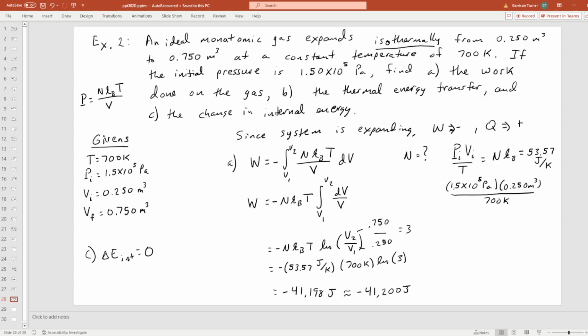So as a result, that means if this is going to be an isothermal process, if my temperature can't drop, that means I had to absorb that same amount of energy to keep the temperature the same while this process was happening. So my heat, therefore, is 41,200.